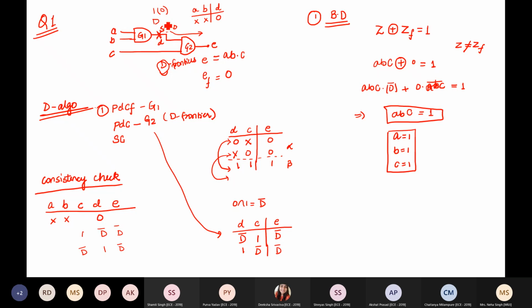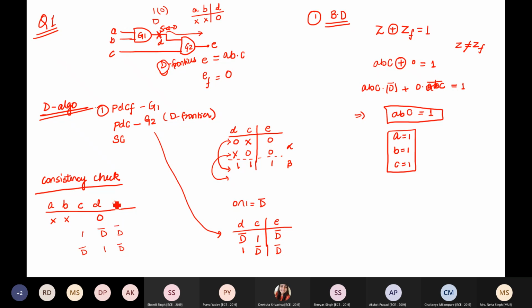We need to drop this fault from the set for the D algorithm and consider any other fault, so that we find the first test pattern which may sometimes detect this fault as well. Because a single test pattern can be used to detect multiple faults. Right? This consistency is very important.